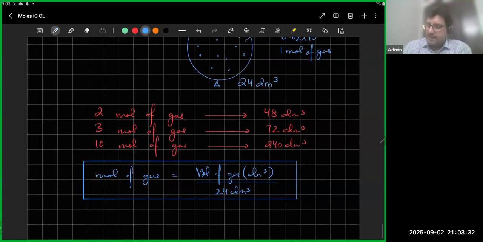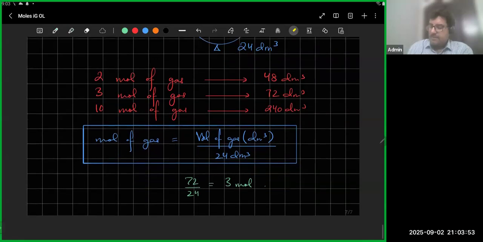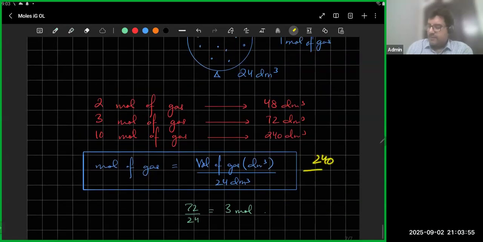For example, over here, I'm given 72 dm cube. If somebody asks how many moles do I have, that would mean 72 divided by 24, and that's going to be equal to 3 moles. If somebody says I have 240 dm cube of a gas, how many moles is that? That's 240 divided by 24, and that's going to give you 10 moles, right? So instead of that ratio thing, you can just simply use this formula.